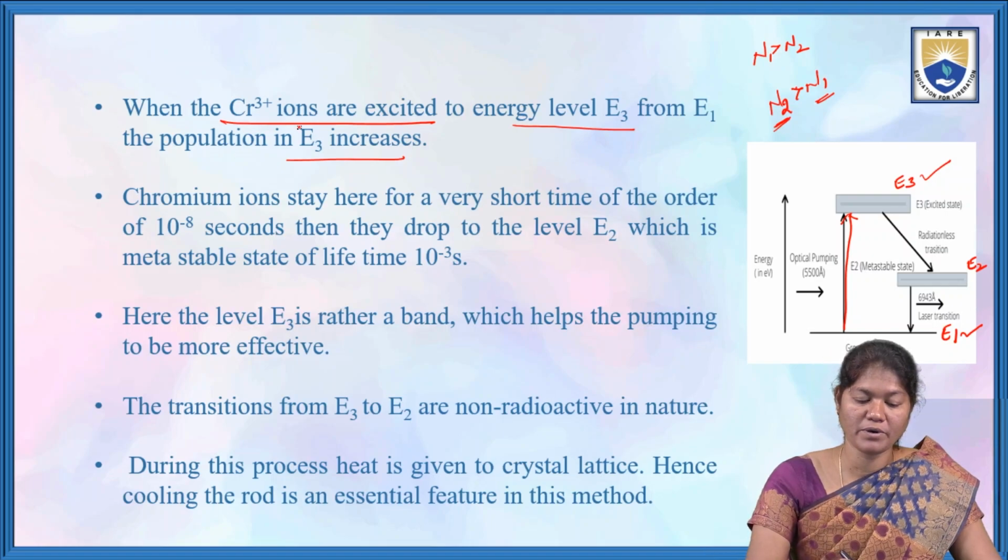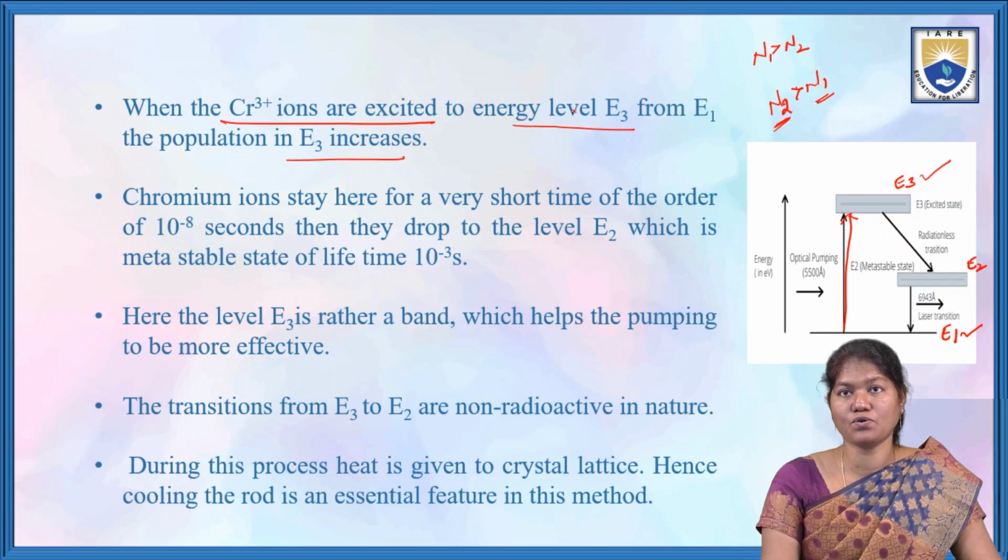So when chromium ions are excited to the higher energy level E3 from E1, the population of E3 increases.